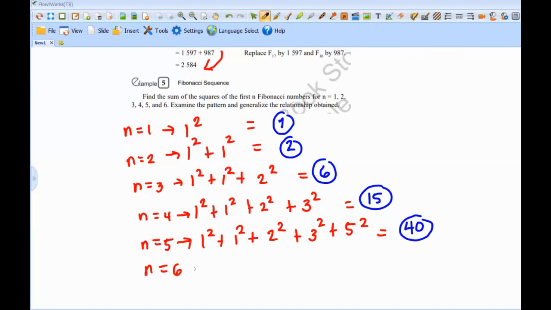Now, we also have n equals 6. So 1 squared plus 1 squared plus 2 squared plus 3 squared plus 5 squared plus 8 squared. So what is the value? Here it's already 40. 40 plus 64 is how many?